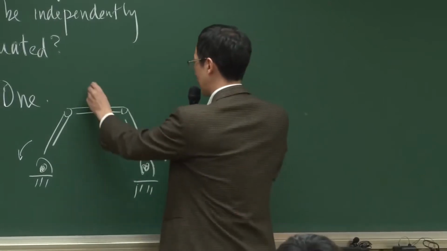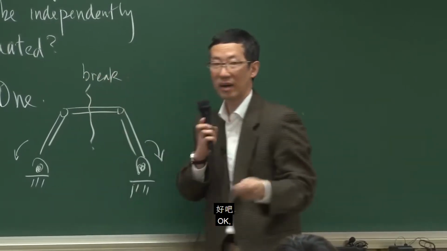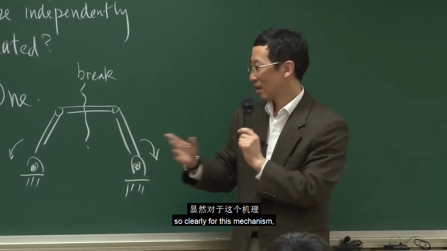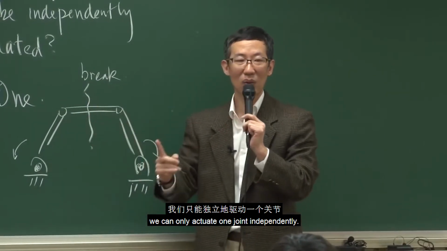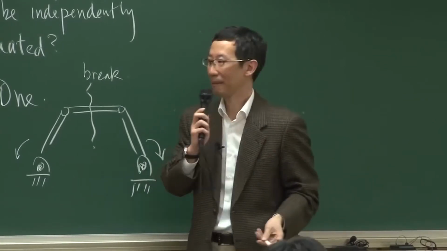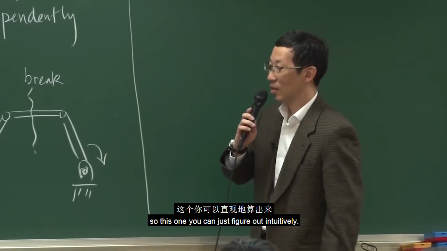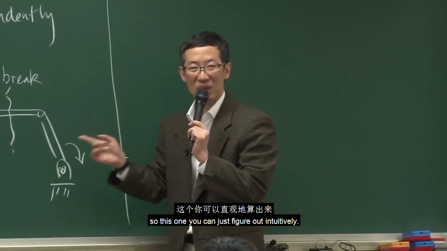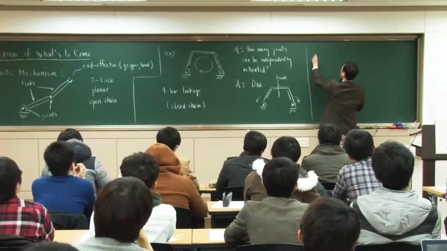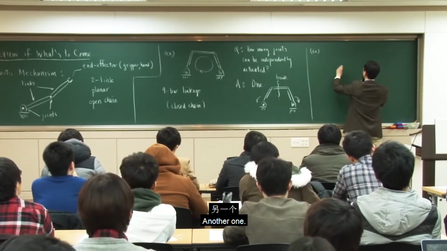It would probably break here. Okay? So clearly, for this mechanism, we can only actuate 1 joint independently. Okay? All right, so this one you can just figure out intuitively. Okay, let me ask you a question. Another one.